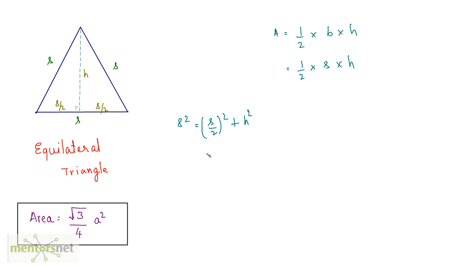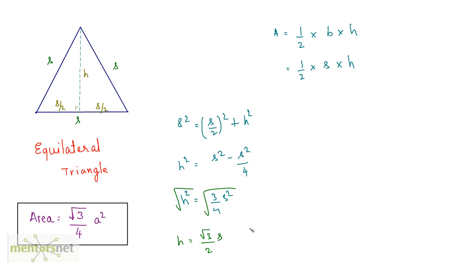Okay, we need height. So h square is equals to s square minus s square by 2 square is s square by 4. So therefore height square is equal to 4s square minus s square by 4. That is 3 by 4 s square. Taking root on both the sides, we have h is equals to root 3 by 2 s.